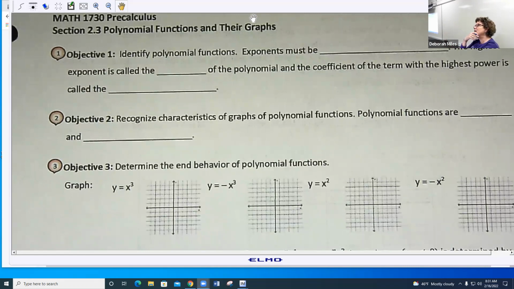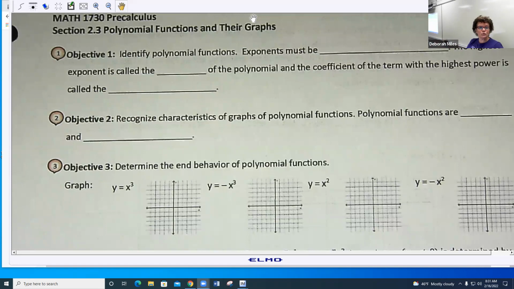No. Plain old x by itself is a polynomial. What could you not have as an exponent in a polynomial? You couldn't have negative exponents, and you also couldn't have fractional exponents, right?